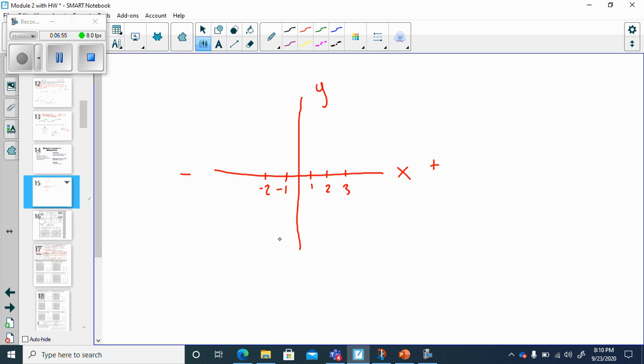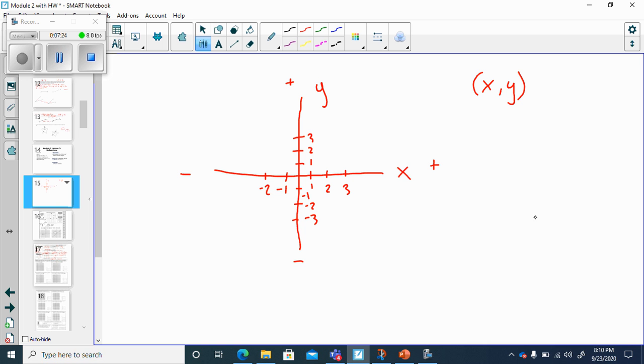This is the negative direction. If I'm talking the y-axis, if I'm going up here, these numbers are positive and they get bigger. So this is the plus direction. If I'm going down, these numbers are getting smaller negatives. So you're getting more negative this way. If I'm plotting a point, the first number is your x and the second number is your y.